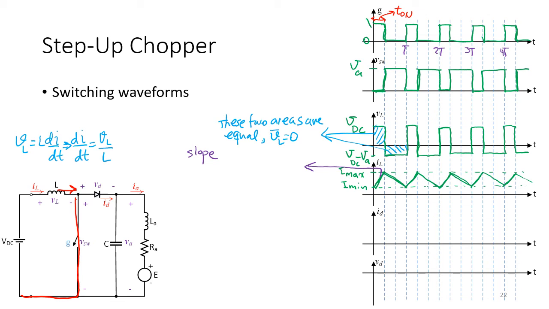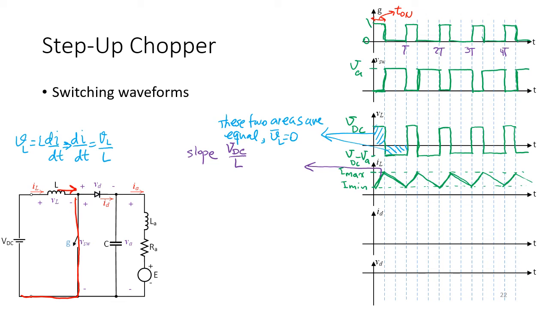What is the slope of the current? This is the meaning of the slope. What will be the value for that? Not VDC. VDC over L.